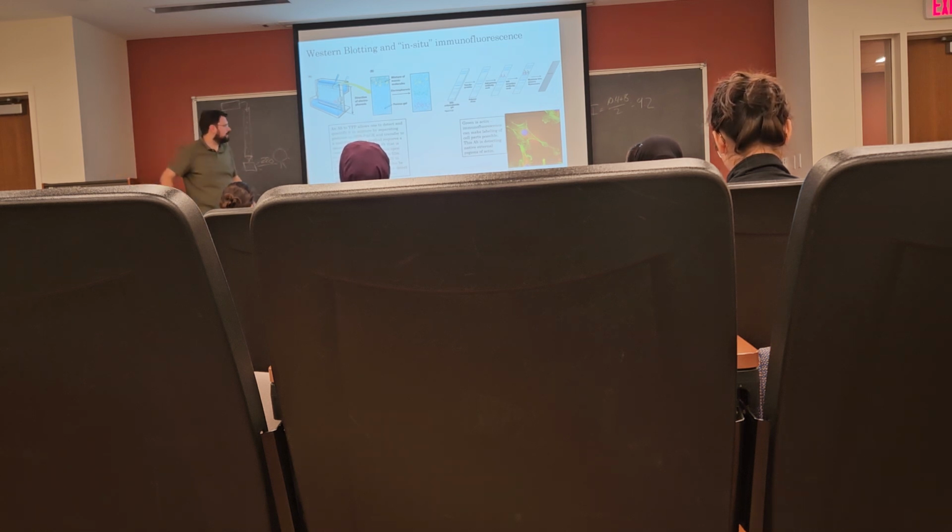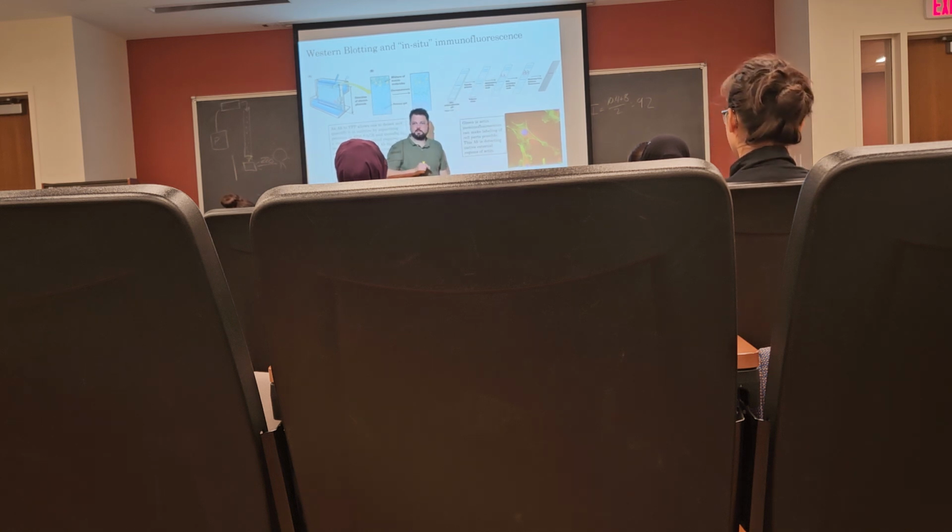So after we've run our SDS-PAGE, right, let's just look at one lane of the SDS-PAGE, okay? We'll transfer this onto a polymer sheet. This is something like nitrocellulose or PVDF, right? What this polymer sheet does is it binds to proteins nonspecifically, okay?